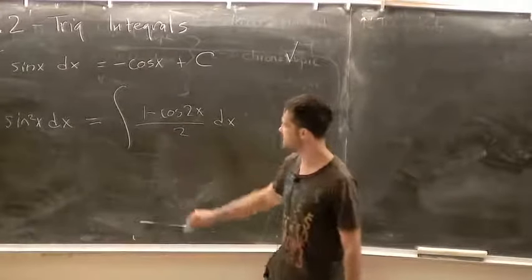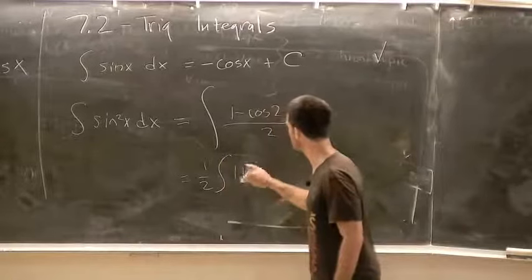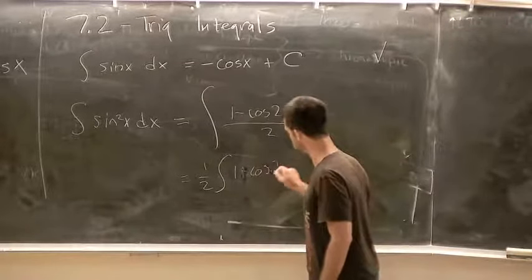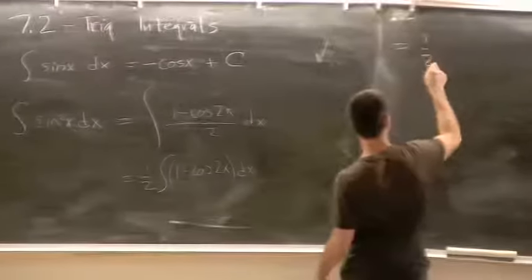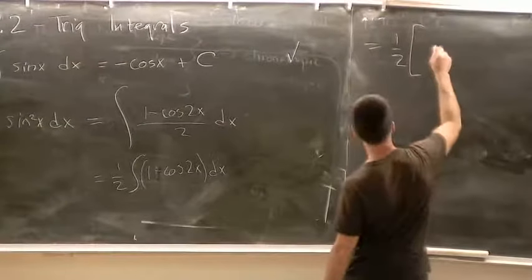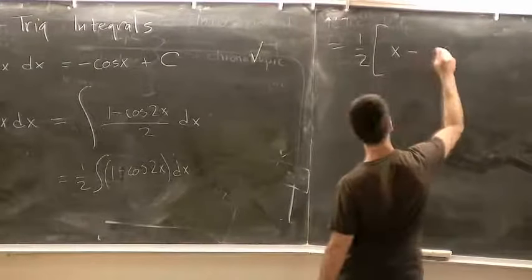These are all terms we can integrate, right? That's 1/2 times the integral of 1 minus cos 2x. So that's 1/2, I'll get an x. Integral of cos is sine.